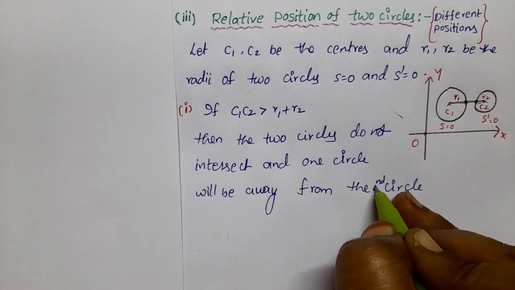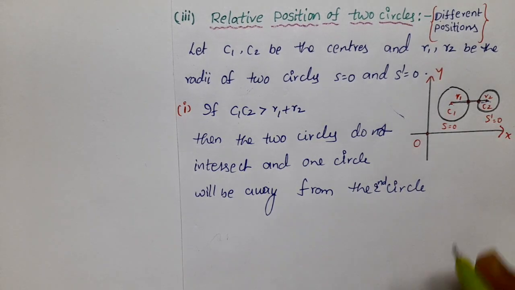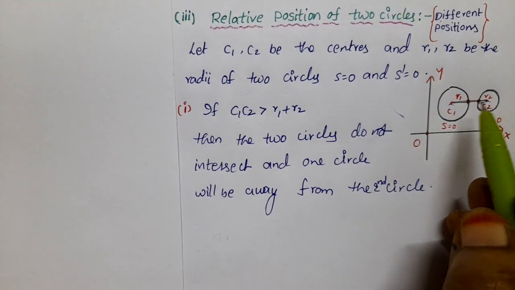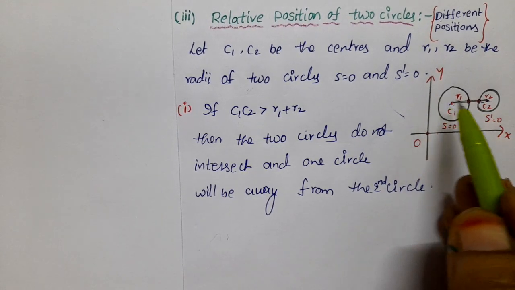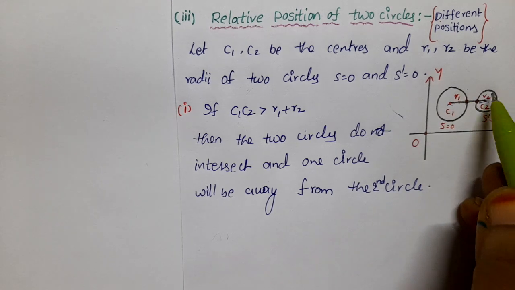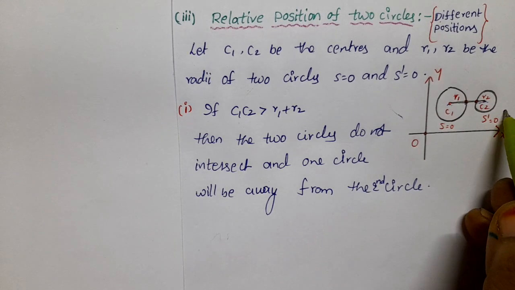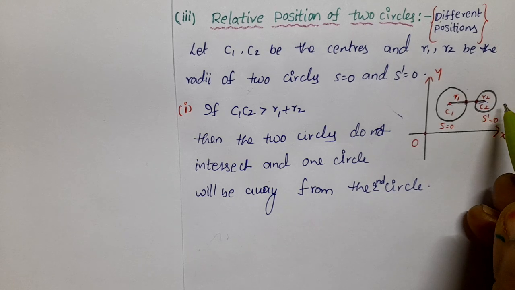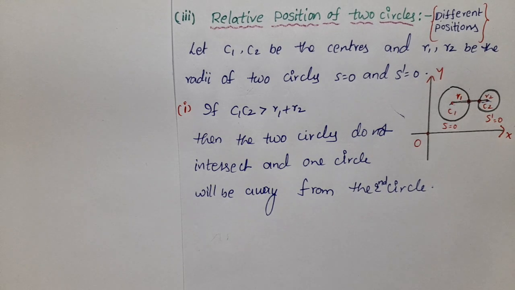From the other means the second circle. So, if C1C2 is greater than R1 plus R2, then the relative position is: two circles do not intersect and one circle is away from the second circle.